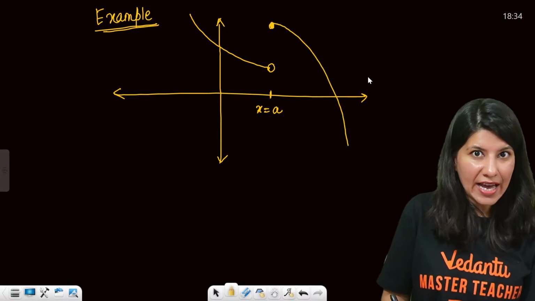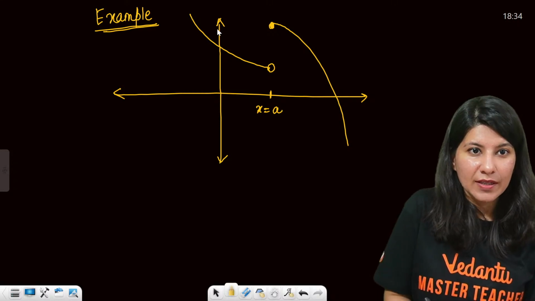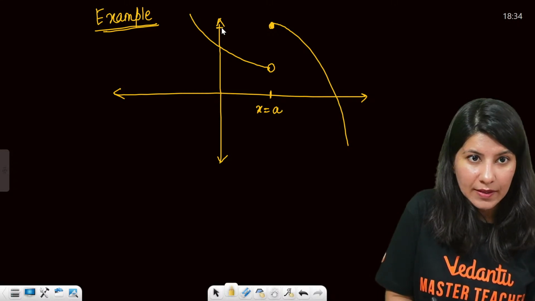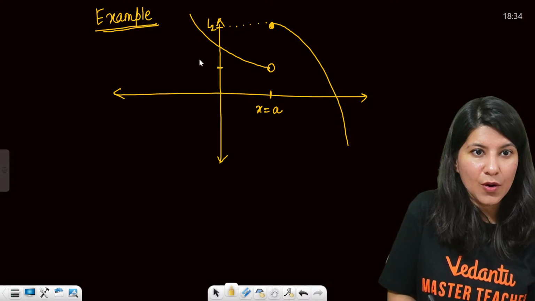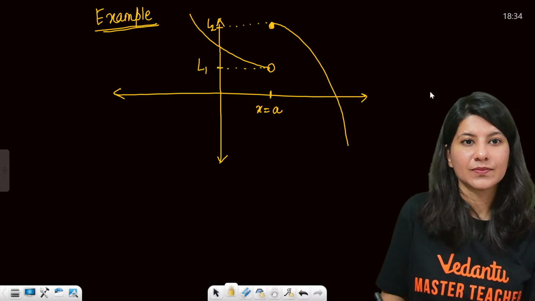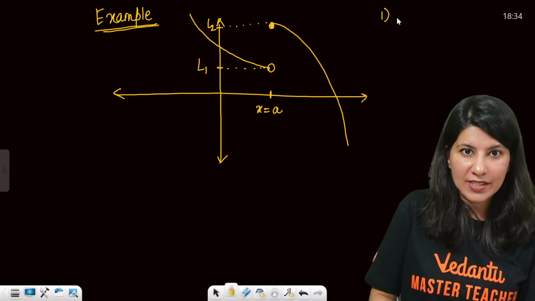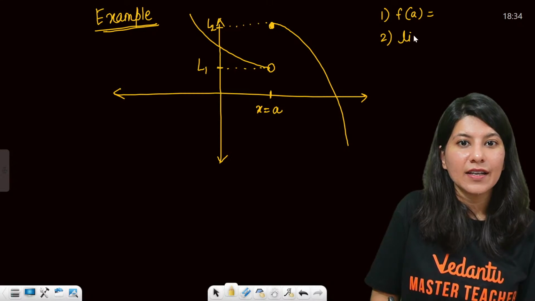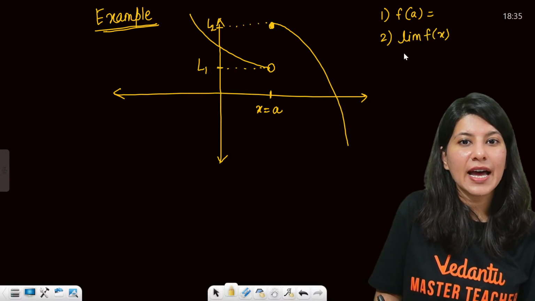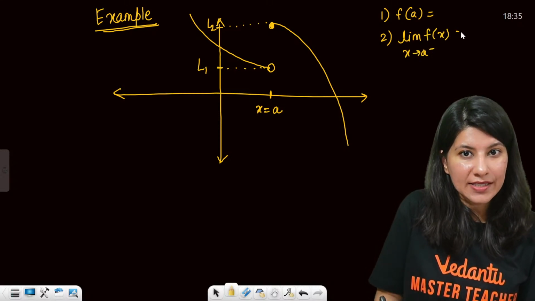I have a few questions for you, and this is your L2, this is your L1. Just tell me, first thing, what is f of a? Second thing, the limit of the function as x tends to a minus.